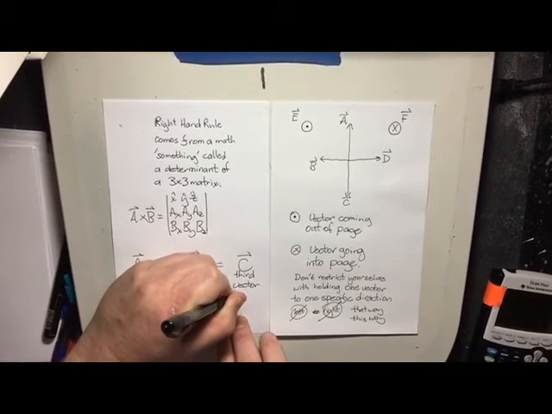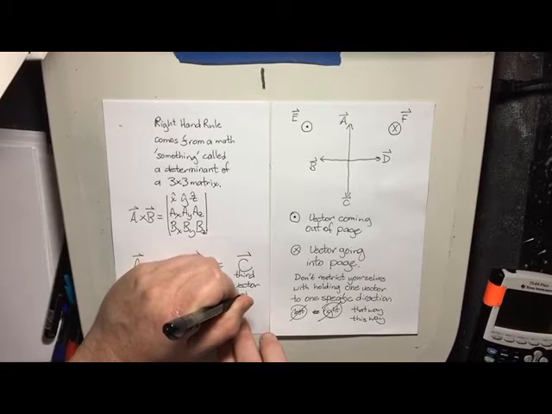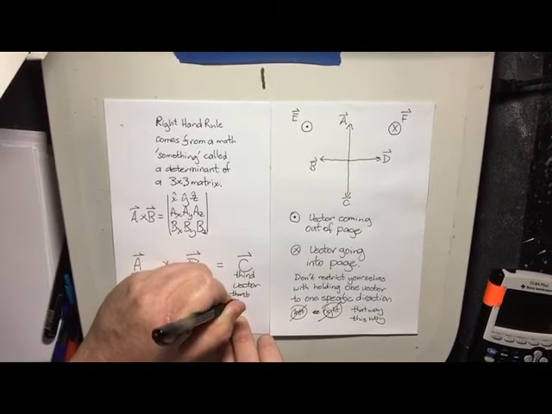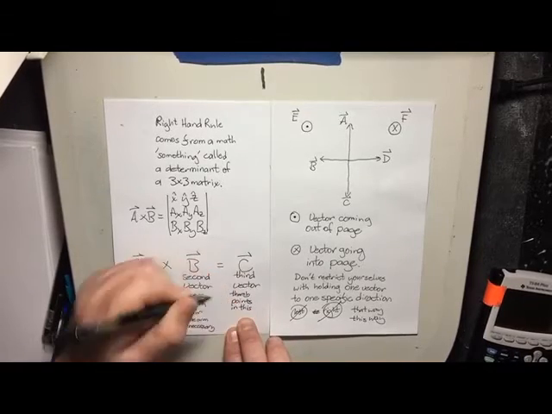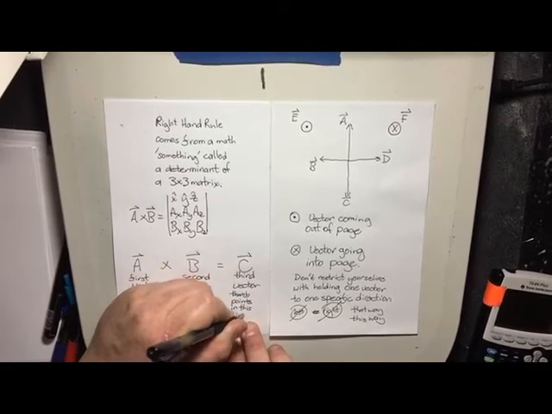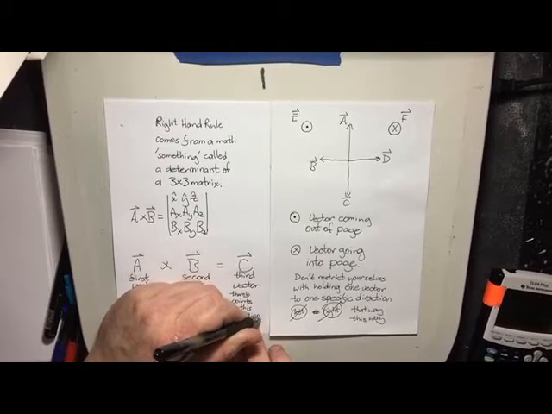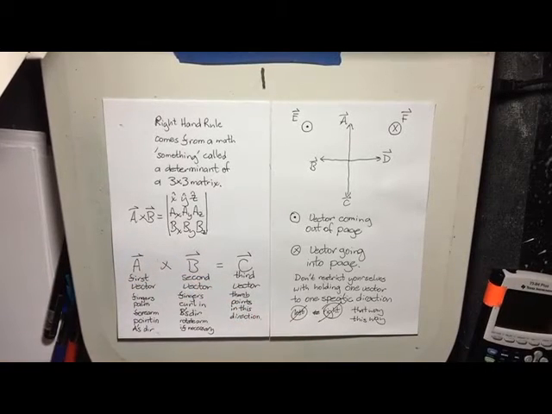Third vector, thumb points. The third vector points, or the thumb points in this direction. Excellent. All right.